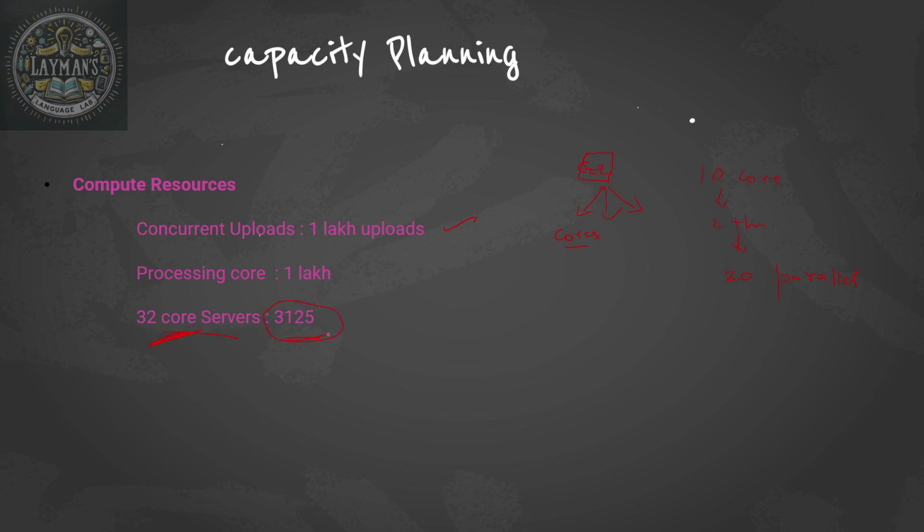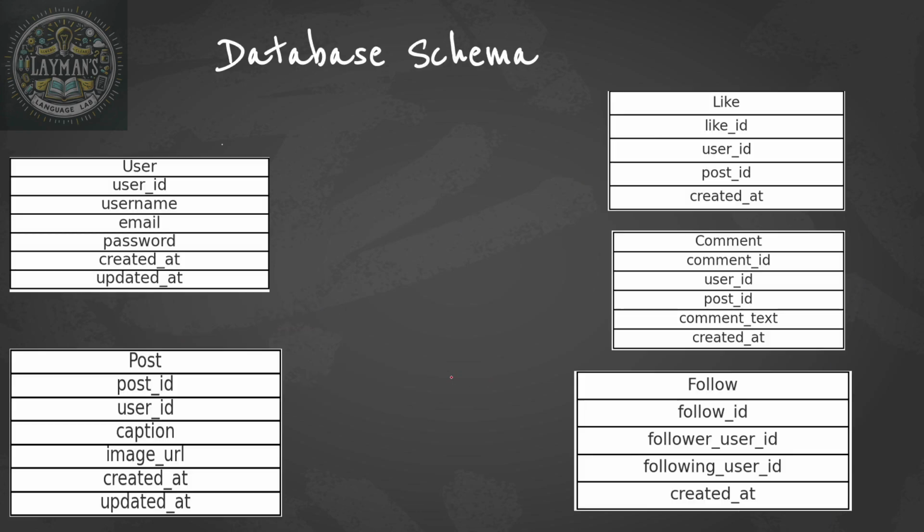We need around 3000 servers. So 3000 PCs have to run to scale our Instagram. This is quite a large number of servers that we need for our computation purposes.